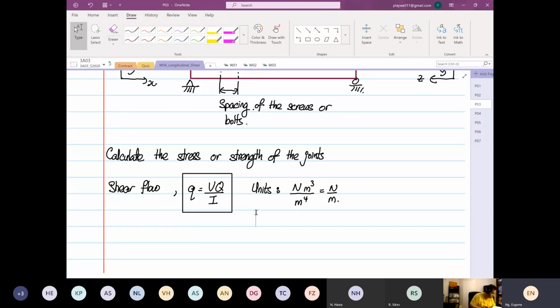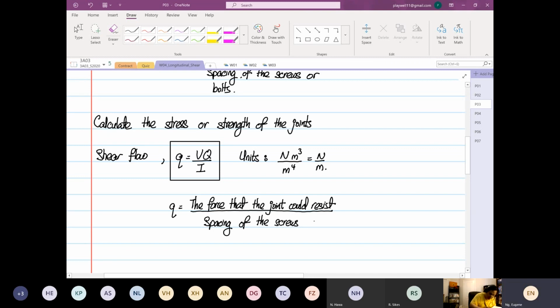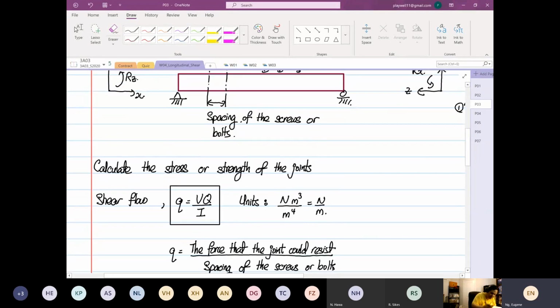So q can also be equal to the force that the joint could resist divided by the spacing of the screws or bolts. So that's why I put over here the spacing of the screws and bolts.